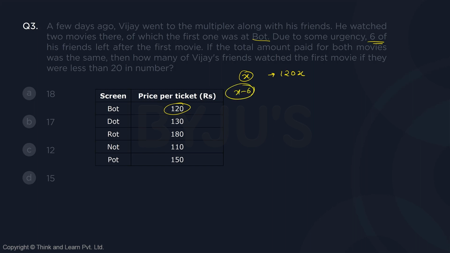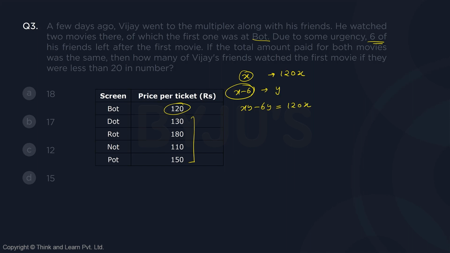Okay. And they watch some other movie. I'm not sure about the price of that, right? So let's say the price per ticket for that movie is y. So the revenue will be what? xy minus 6y. And because the amount paid for both movies is the same, can I say it is equal to 120x? Right?